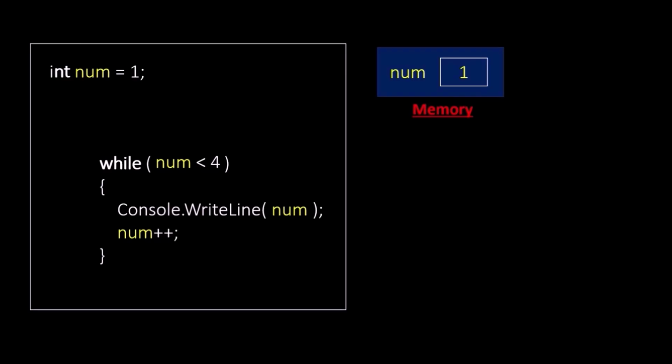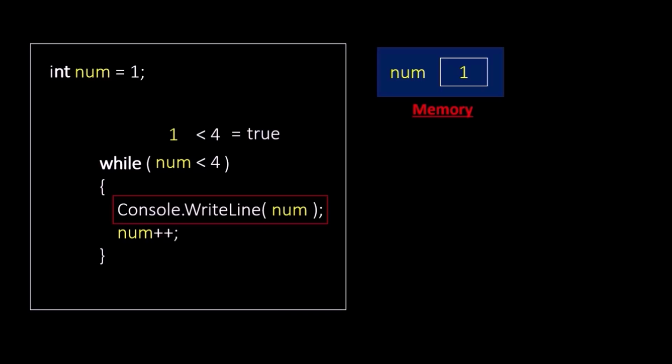In the code, we declare a variable named num with the value 1, which means the memory location for num contains the value 1. That's why in the condition of the while loop, 1 is less than 4 is evaluated, and the expression 1 is less than 4 is true. When the condition is true, the program enters the while loop and executes the statements inside it.